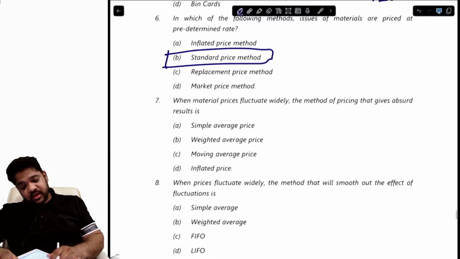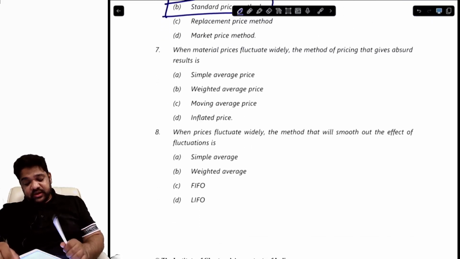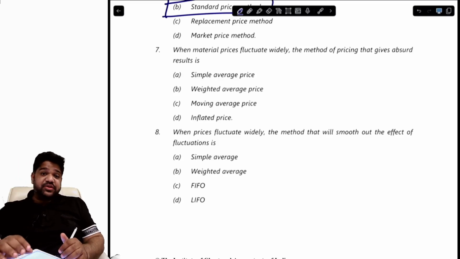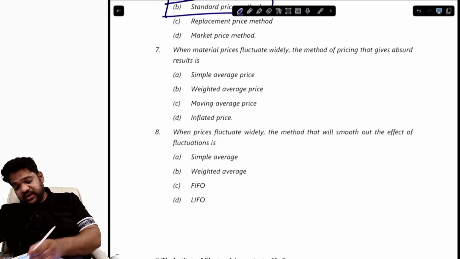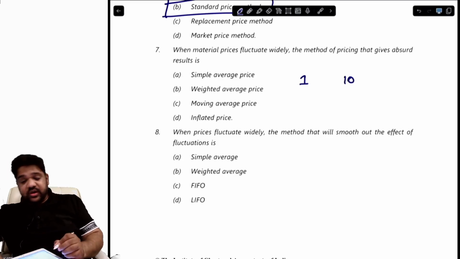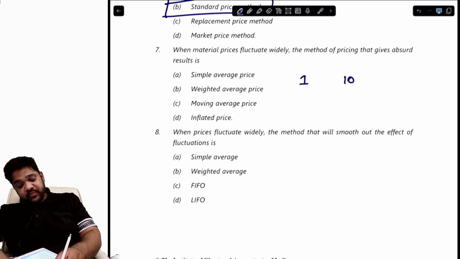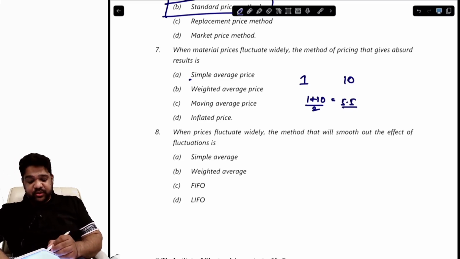Okay, then the next one: when market prices fluctuate widely, the method of pricing that gives absurd results. Now let's say I got a unit today at 1 rupee, then I got one at 10 rupees. My simple average will say 1 plus 10 divided by 2, which puts me at a simple average of 5.5.